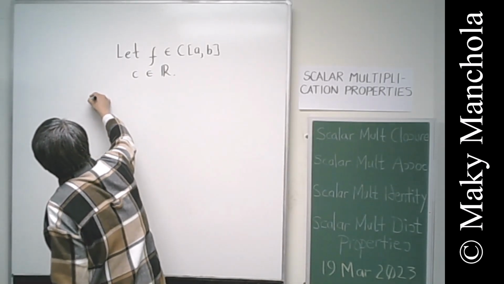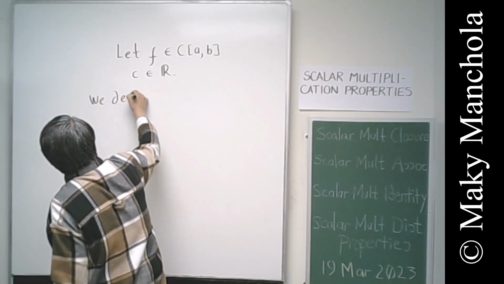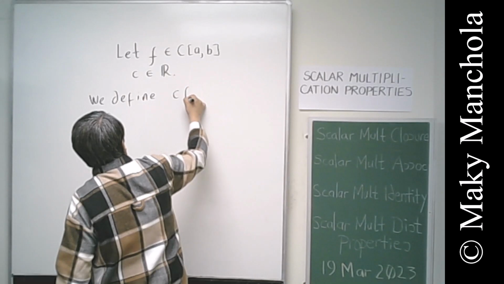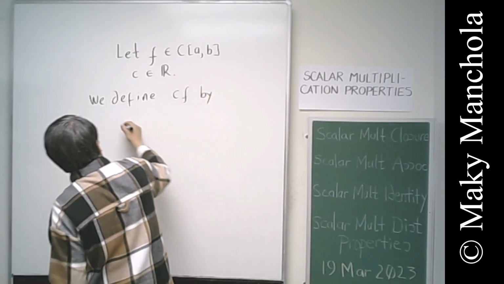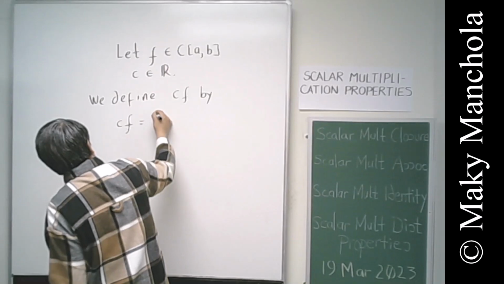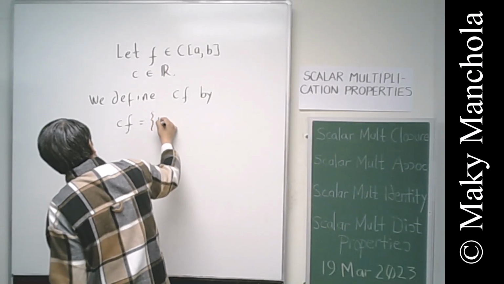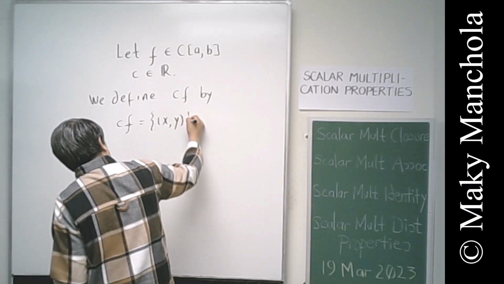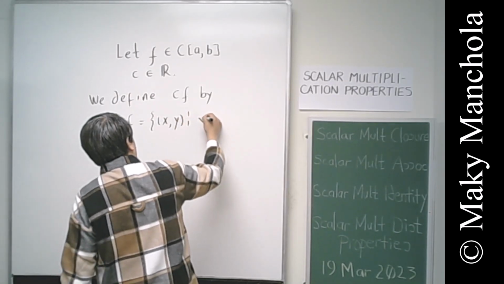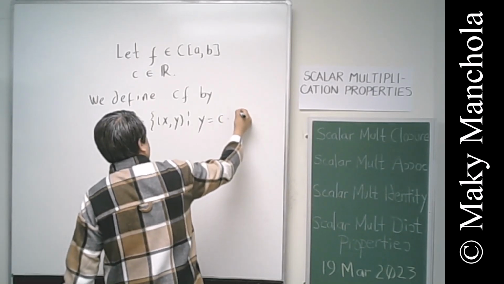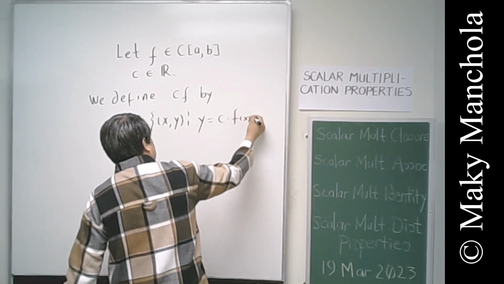So we define cf by cf equals the set of ordered pairs xy such that y equals c multiplied by f of x.